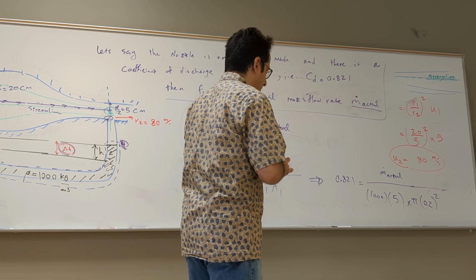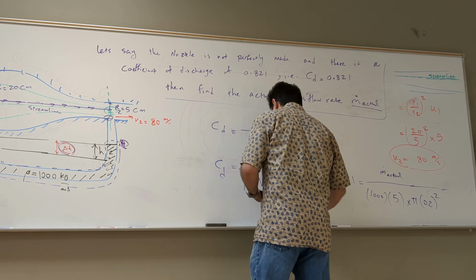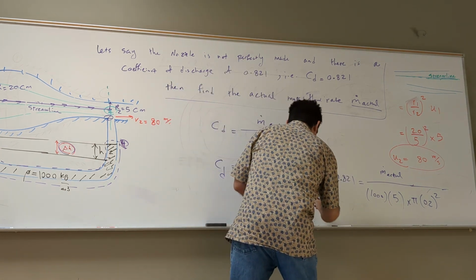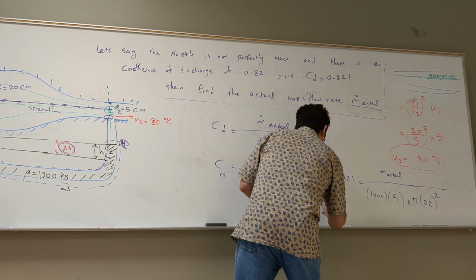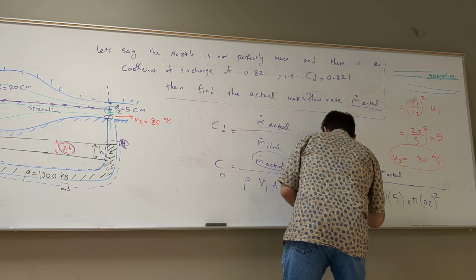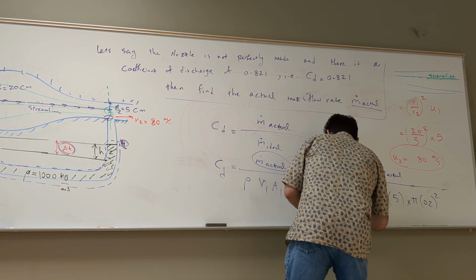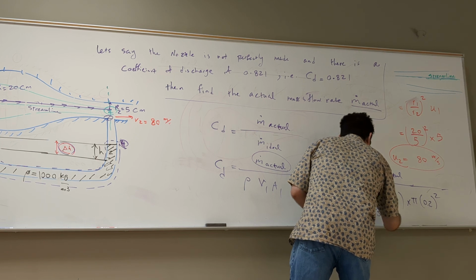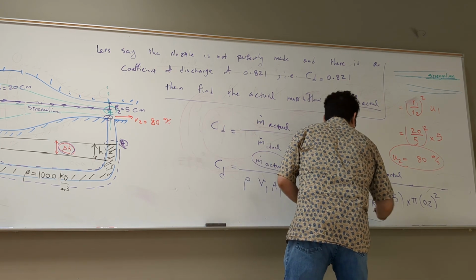Correct. So m dot actual is 500 times that, which is equal to 5.8 kilogram per second.